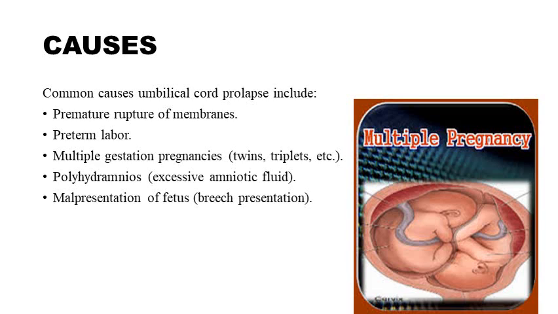Causes of cord prolapse. The common causes of umbilical cord prolapse include premature rupture of membranes and also preterm labor, multiple gestational pregnancies such as twins or triplets, then polyhydramnios, an excessive presence of amniotic fluid, then malpresentation of the fetus.